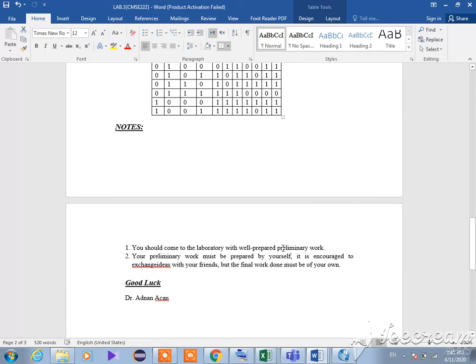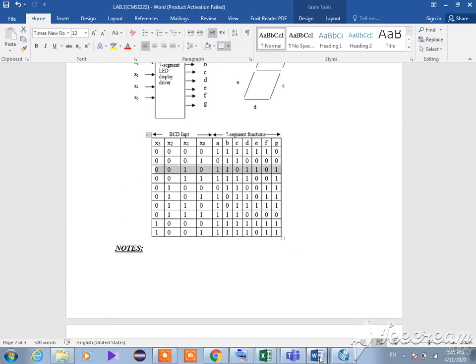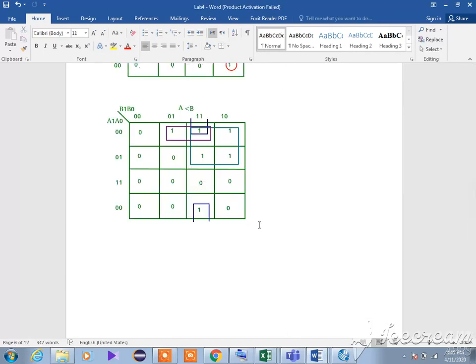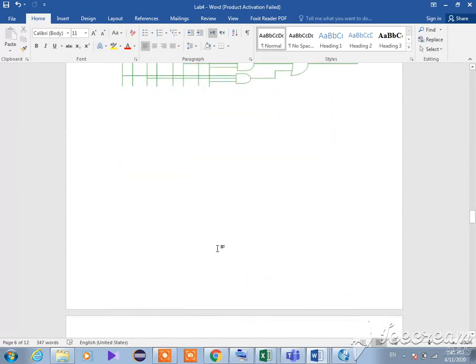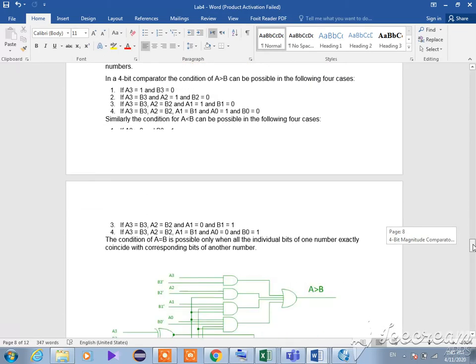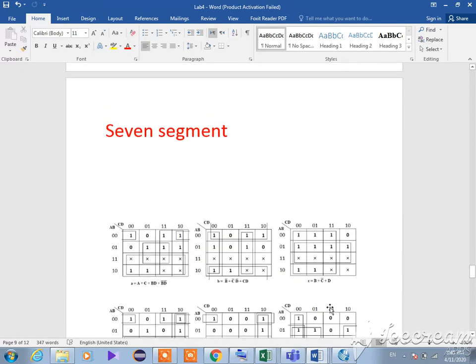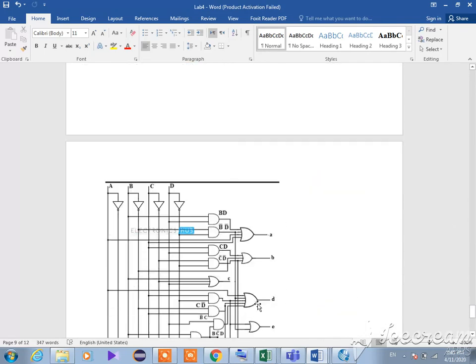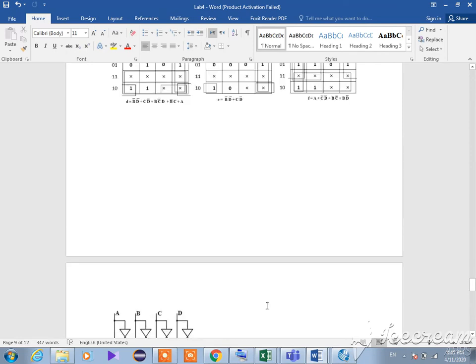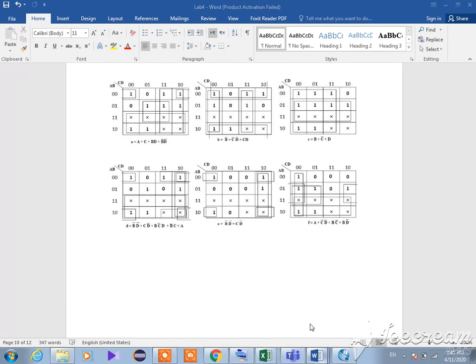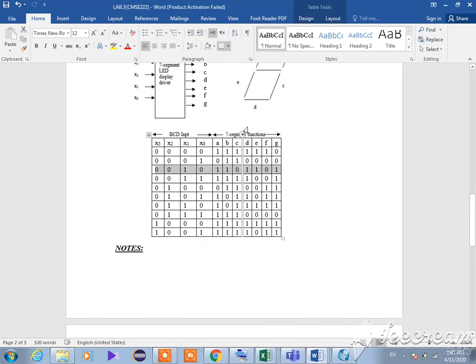Now let me explain something more about the 7-segment display. Let me go to that page. Okay, this is the truth table of the 7-segment display that I gave you in the lab sheet.